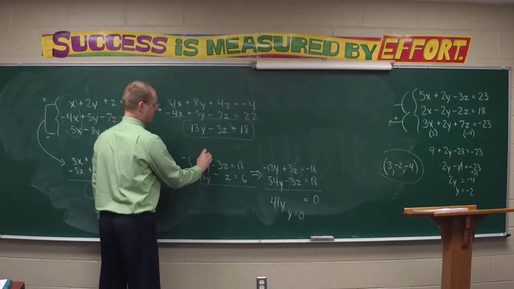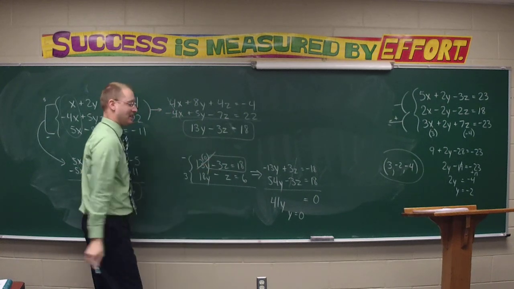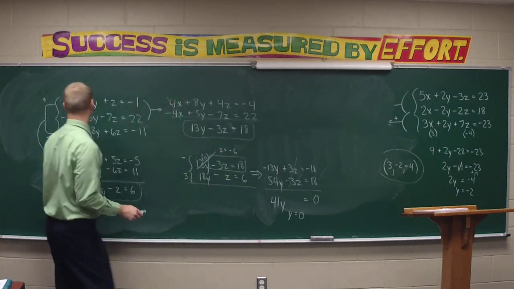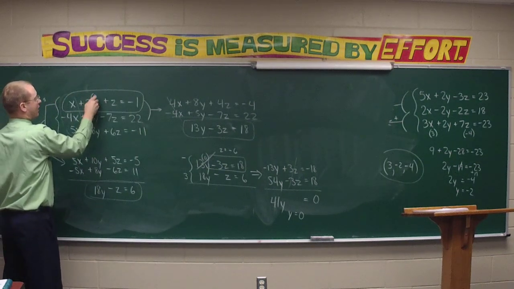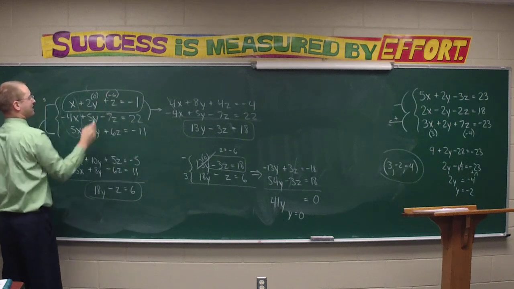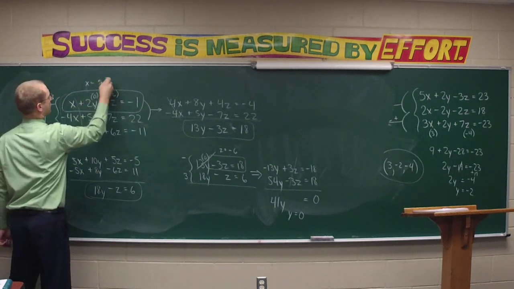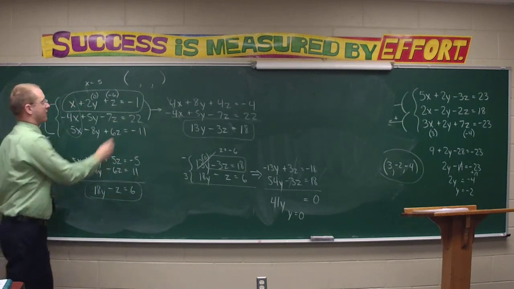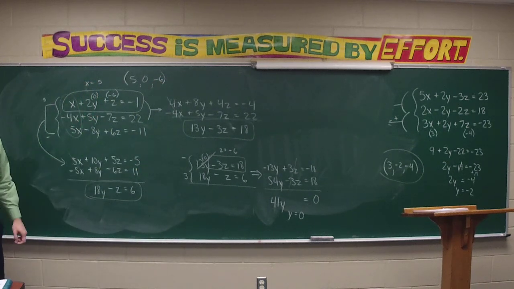Because if y is 0, then negative 3z equals 18, class. z equals negative 6, and we're well on our way if we take our first equation to plug in the 0 and the negative 6 to get x equal to 5. So what's our triplet answer going to be here, Abby? 5, 0, negative 6. There's our answer for number 7.